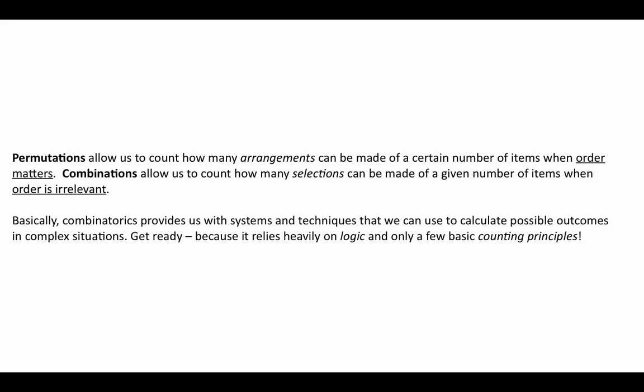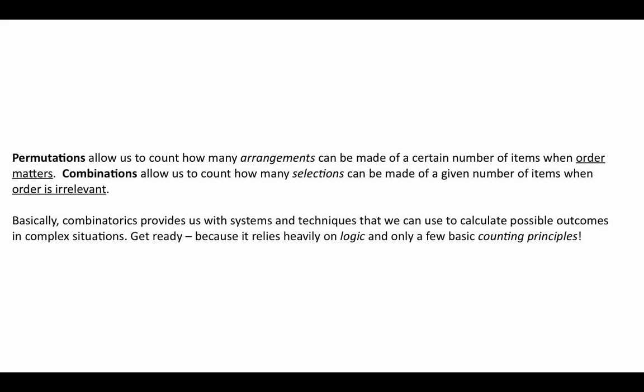So because we're focusing on permutations, we should define what permutations are. Permutations allow us to count how many arrangements can be made with a certain number of items when the order of those items is important. Certainly in a license plate, the order of the letters and the numbers is important because they distinguish one license plate from another.